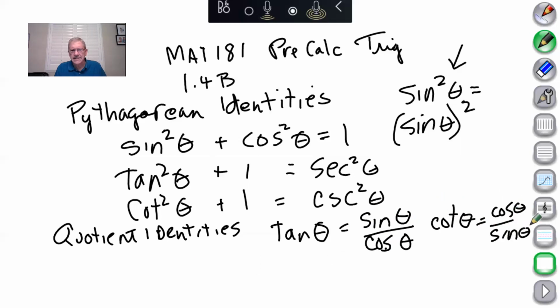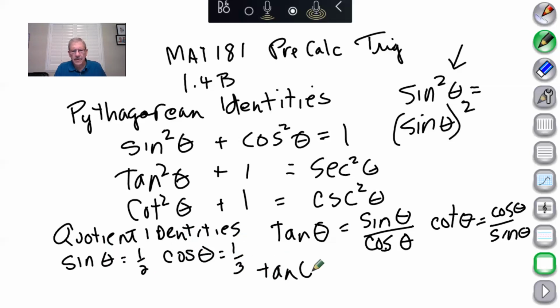Let me give you a quick example of this one. Let's say we know the sine of theta is 1/2, and the cosine theta is 1/3. And we want to find the tangent.